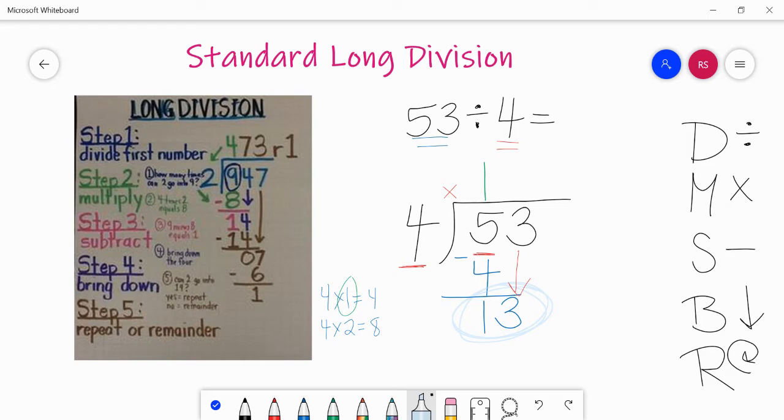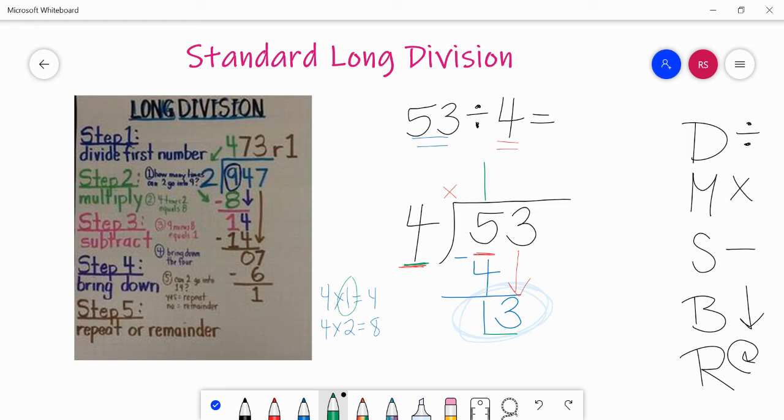So now I'm going to ask myself, how many times does this 4, which is my divisor that never changes, go into 13? What do I mean by that? If I have 13 apples, or 13 pieces of pizza, or 13 of something, how many equal groups of 4 would I be able to create? A way that we can think about this without having to draw a picture is to think of our multiplication facts.